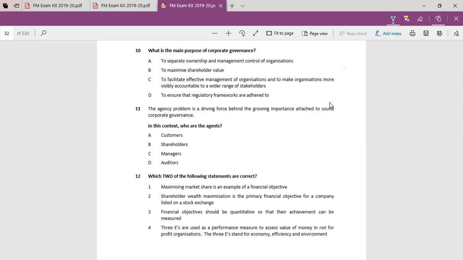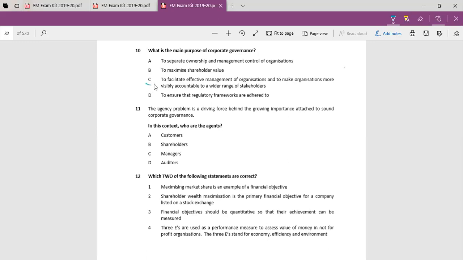C talks about facilitating effective management of organizations, so the overall running of the business, and making the organization more visibly accountable to a wide range of stakeholders. So this is overall management. D is correct, but it is quite narrow. Okay, so C is the right one.